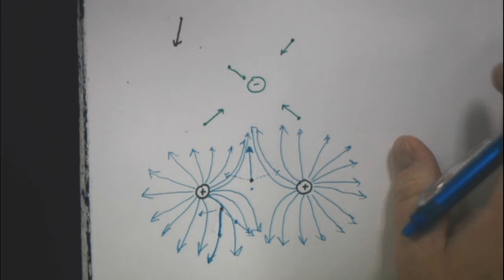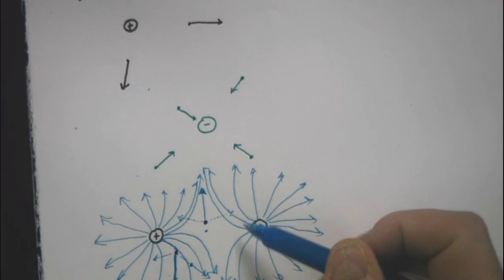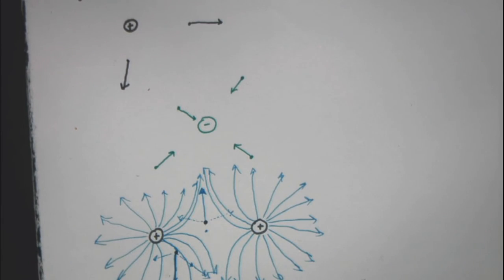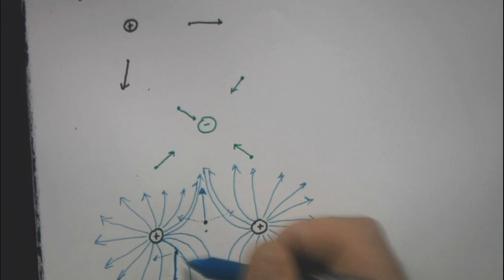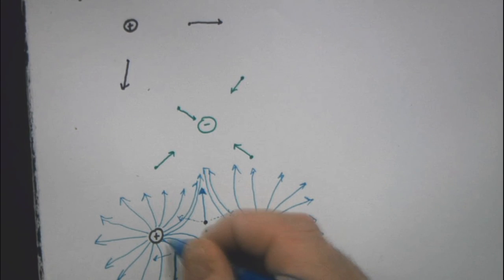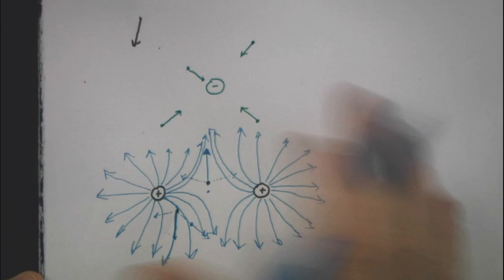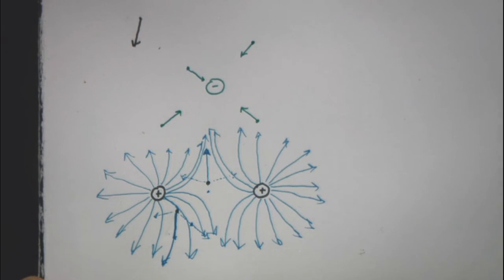A couple of rules, though. Number 1, the density of the lines, so the closer the lines are together, means the stronger the electric field. Number 2, lines never cross. I know I drew some crossing here, but in an actual field line diagram, they never cross each other, because there's always some direction that a particle would travel, and you're never going to have two particles run into each other.